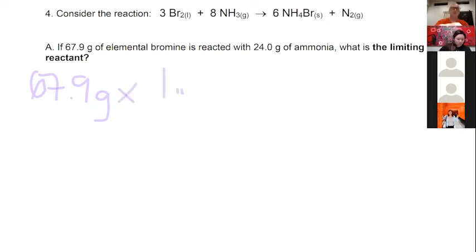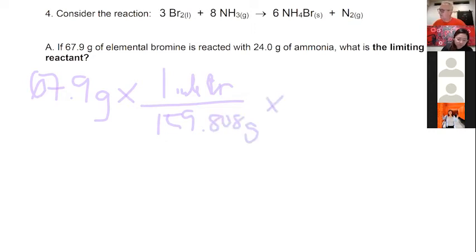So that's 1 mole of bromine and 159.808 grams. And for every 1 mole of nitrogen, there's 3 moles of bromine. So I think that was the problem I had last time.